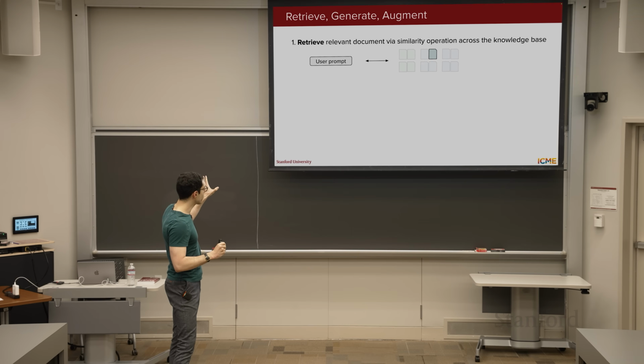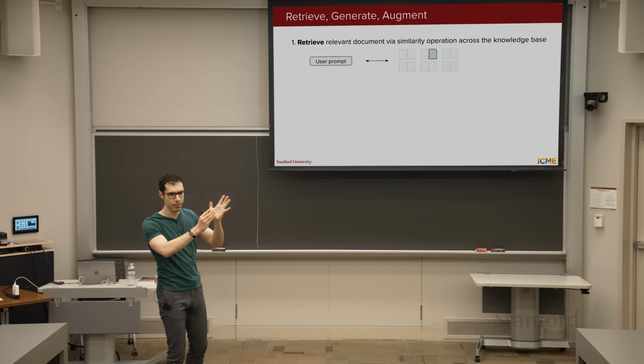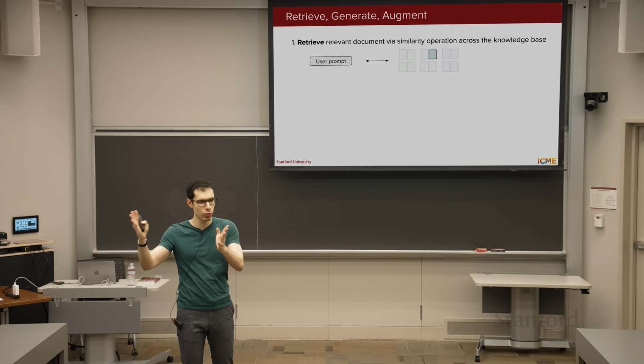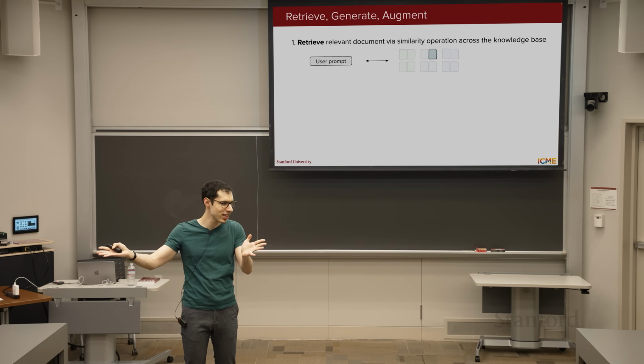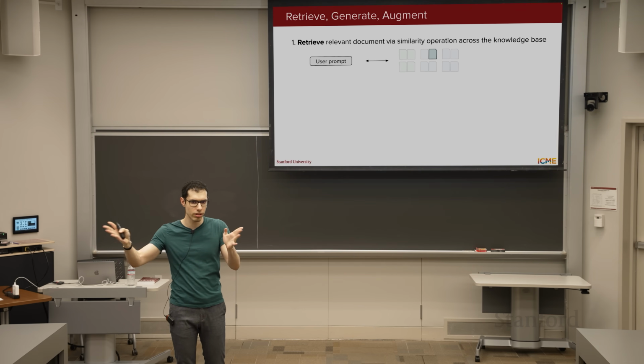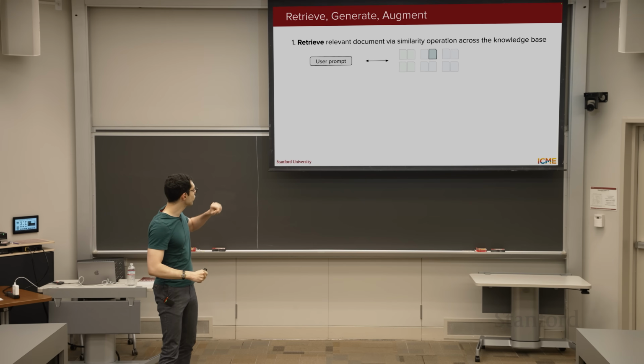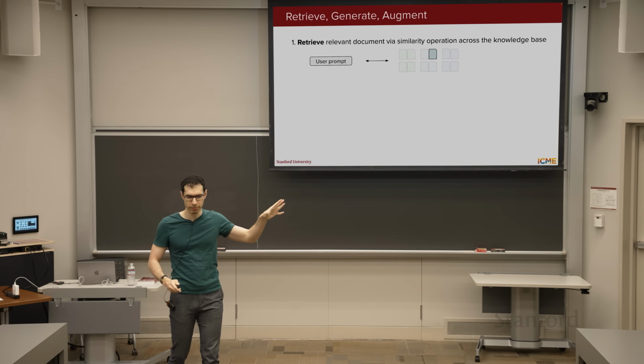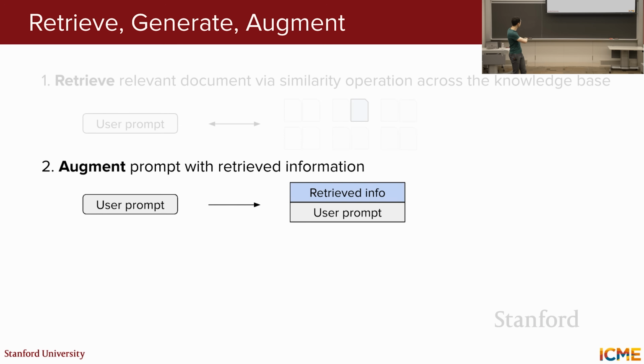You can think of your prompt as being one entity, and then you can have some other space, maybe a knowledge base, where all your documents live. The idea is to somehow fetch the relevant documents. This is the retrieve step.